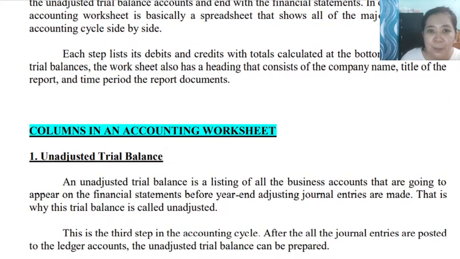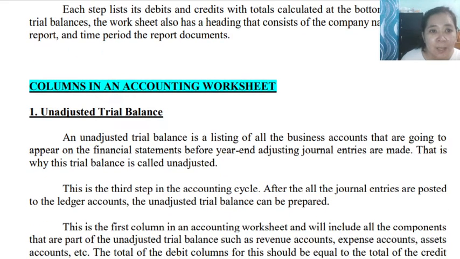We will proceed with the columns in the accounting worksheet. As mentioned earlier, we will be starting with the unadjusted trial balance. The unadjusted trial balance is the listing of the accounts that are going to appear in our financial statements.